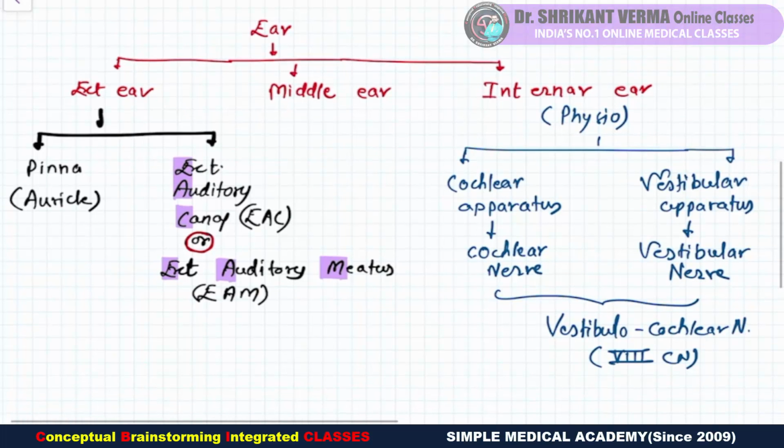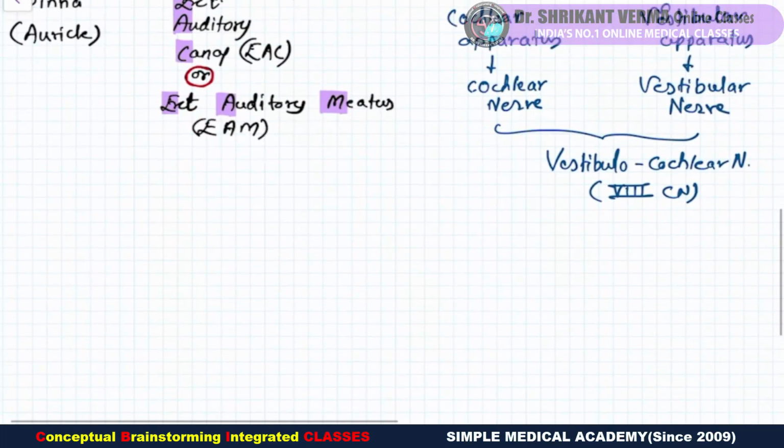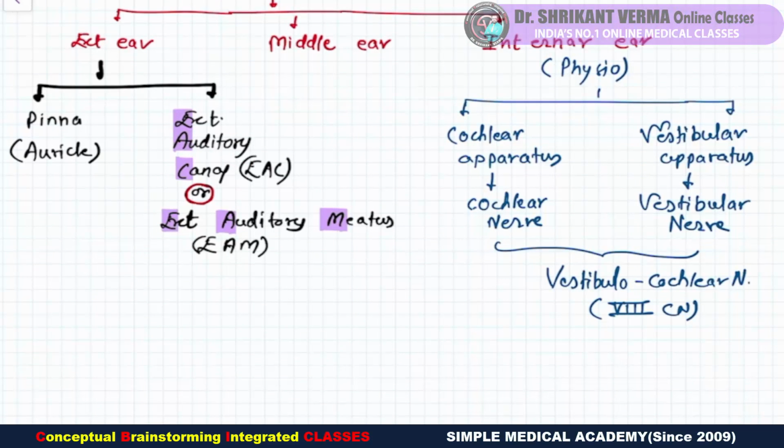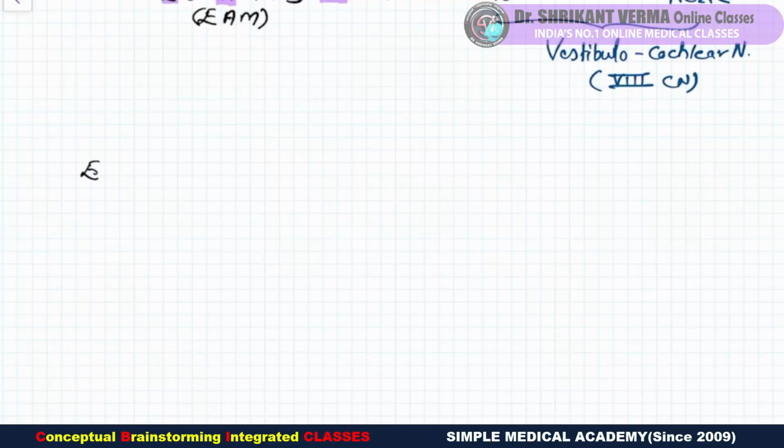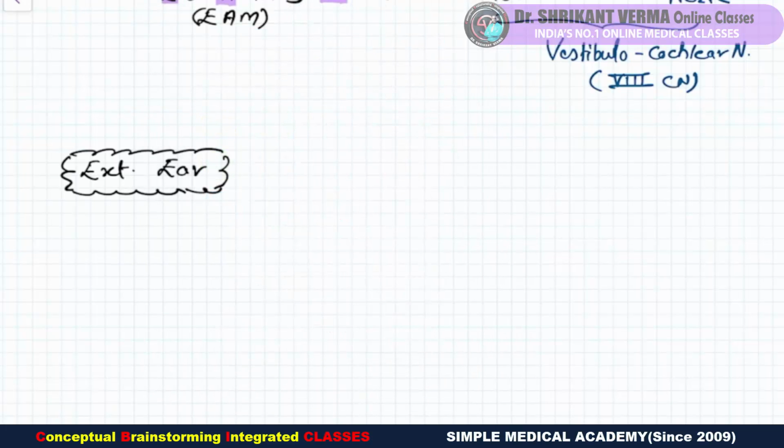So first we are going to talk about our external ear. This external ear, you can say, has first the auricle, and then second the external acoustic meatus.